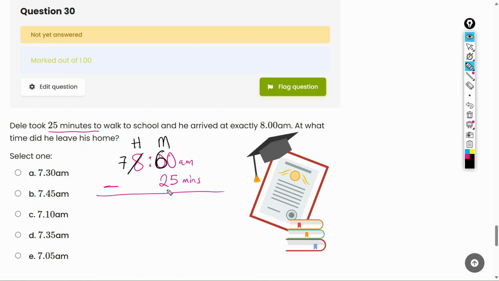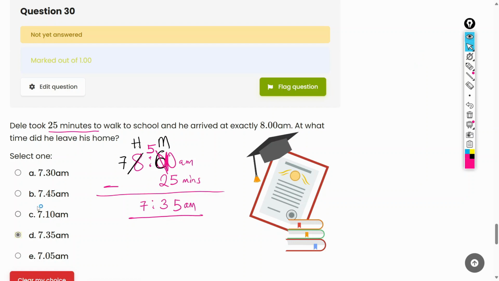So 60 minutes minus 25 minutes. 0 minus 5 wouldn't work, so we borrow 1 from 6, and we are left with 5. So that's 10. 10 minus 5 is 5. 5 minus 2 is 3. And then 7 minus nothing is 7. So this means he left his house by 7:35 a.m. right here.